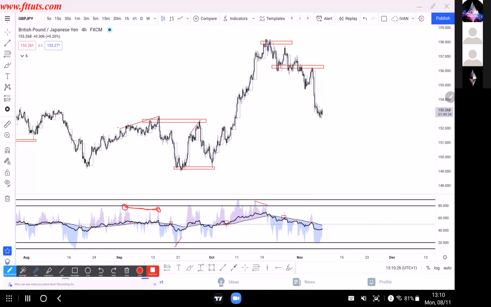Yeah. So you can see the volume divergence here and the price action divergence here and the volume divergence here. It's different than the RSI, like I said. It's more precise and much easier to spot than this one, of course.